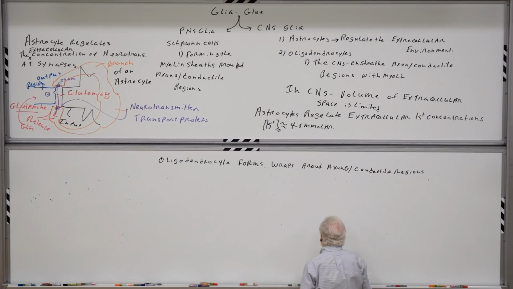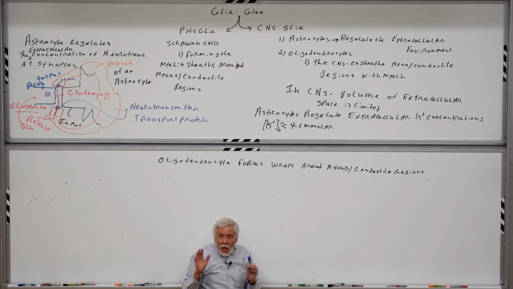So we'll start here by imagining an oligodendrocyte in development forming the myelin sheath.